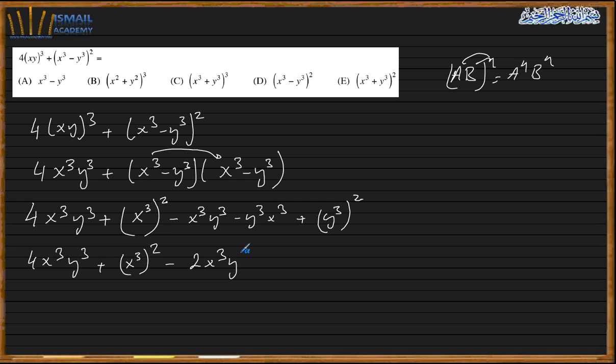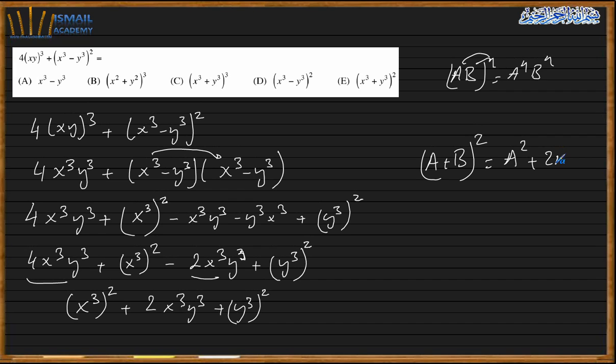plus y cube squared. So let me show you, now I have a plus b squared, which is a squared plus 2ab plus b squared.